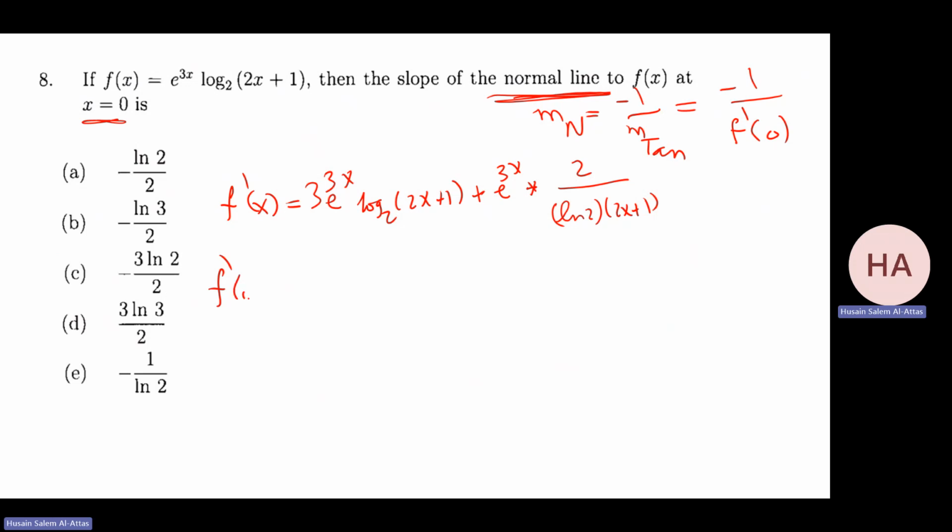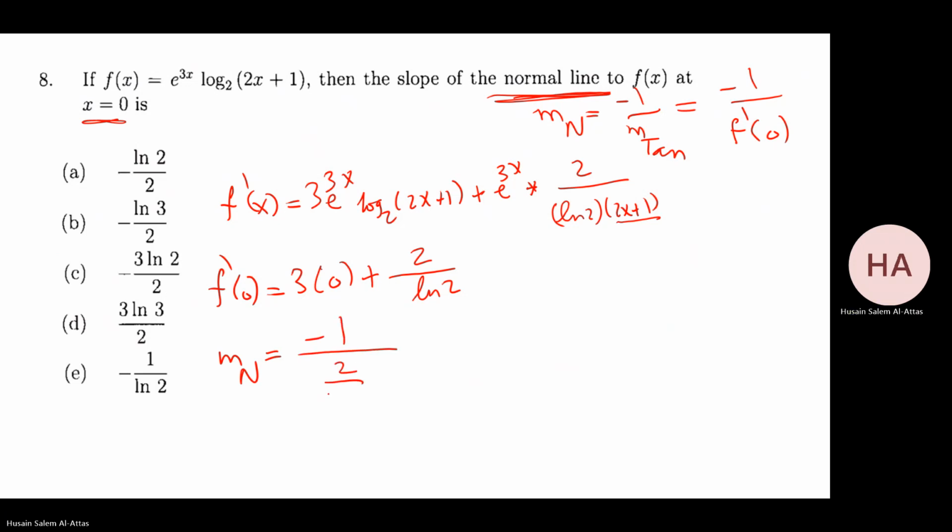So f'(0) is 3 log 1, which is 0, plus e to the power 0, which is 1, that will be 2 over, here I have 1 over ln 2. So m normal is minus 1 over (2 over ln 2), that will be minus ln 2 over 2, which is this one.